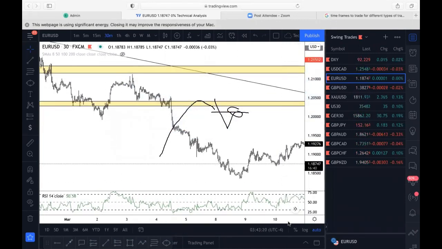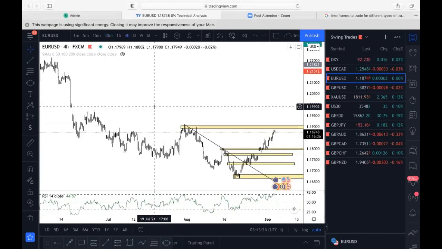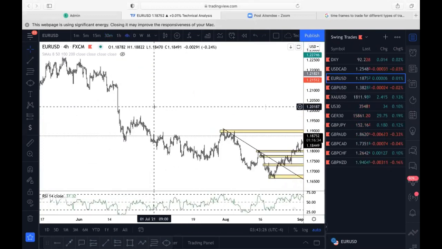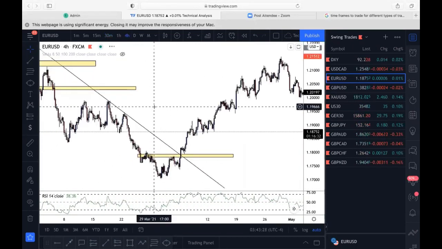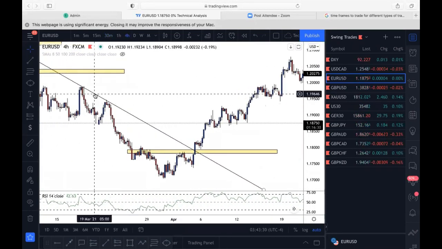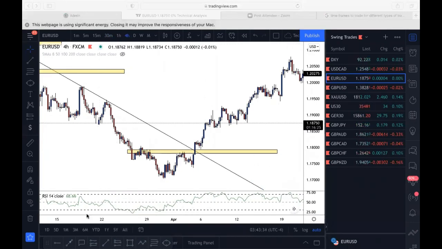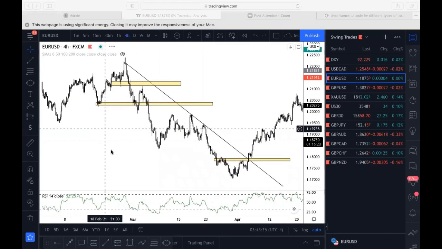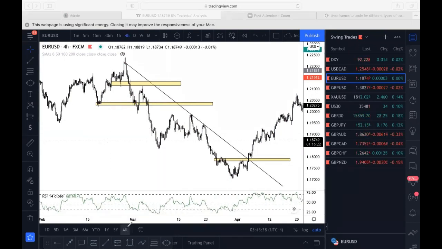One last example. Right here. So on a 4-hour time frame, this is a trend reversal pattern. You have your trend line, your downtrend, showing lower highs and lower lows.